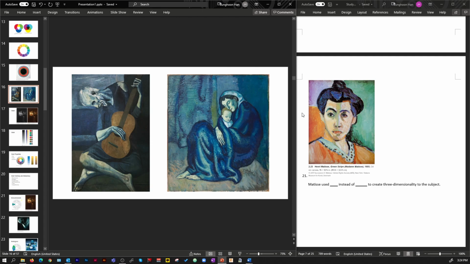With Matisse's work, instead of value, he used different hues, and the inherent value of different hues, to create three-dimensionality of the subject. Instead of making this orange darker, he used green, which is inherently darker in value, to create this kind of shading.